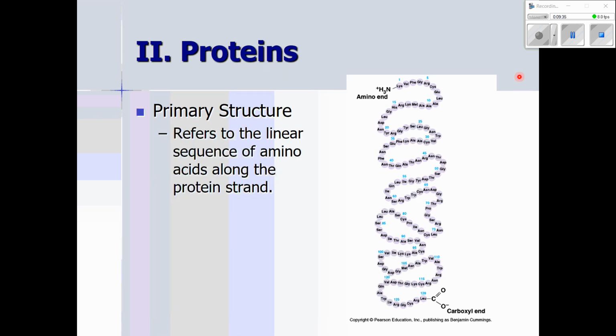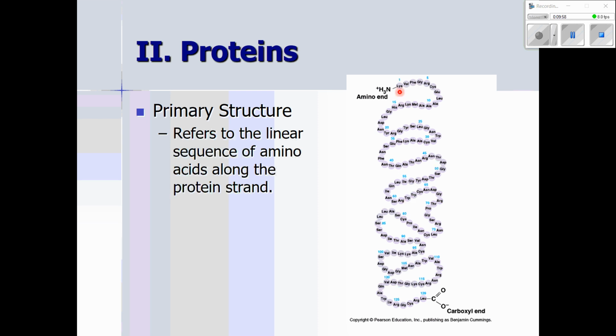First of all, every protein has what's called a primary structure. So I'm looking at this protein, and notice it is like a pearl necklace. Here's a pearl, here's a pearl, here's another one. This is a long chain of pearls that have been assembled into one long necklace.